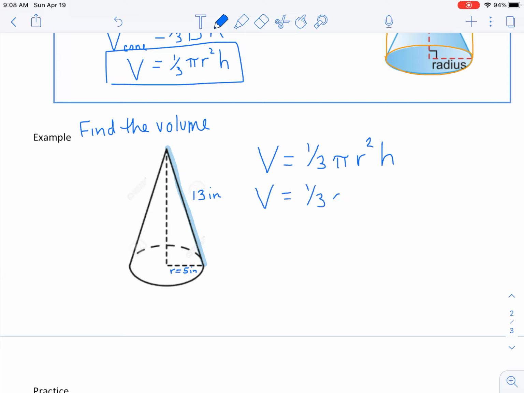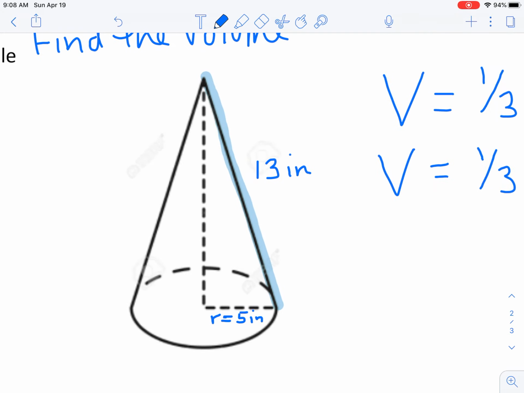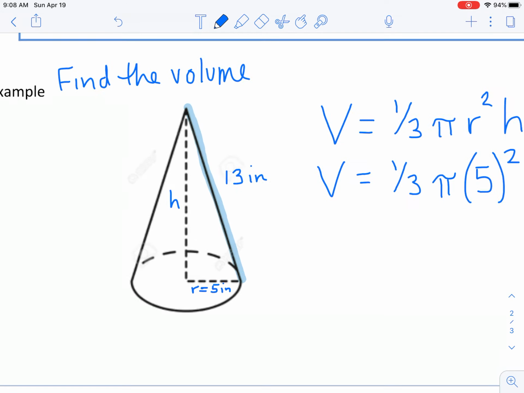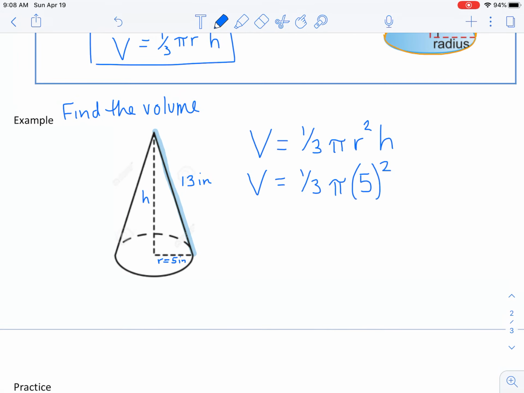Okay, well that's easy. I have the volume is 1/3 pi. The radius is 5 squared. But this over here is the height. I don't have the height. Can you think of a way that I can find the height?